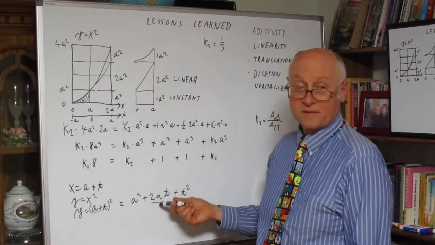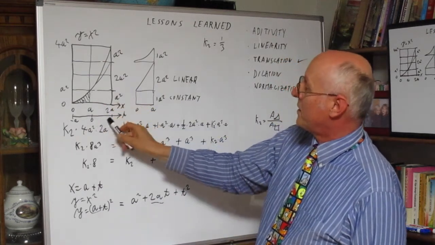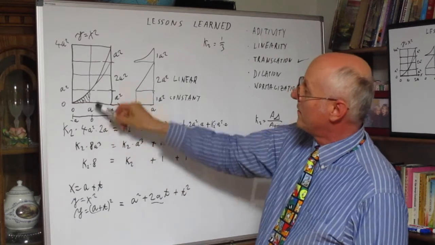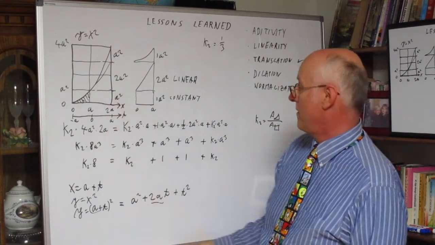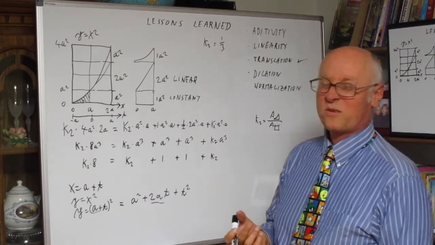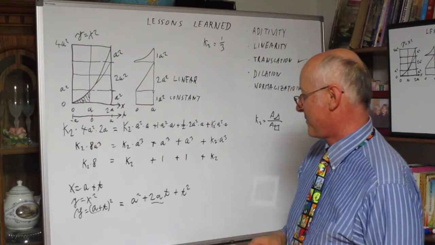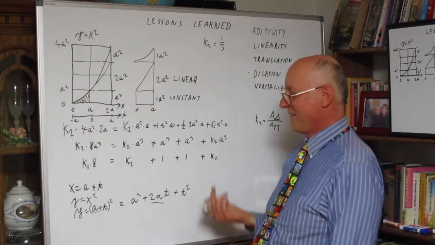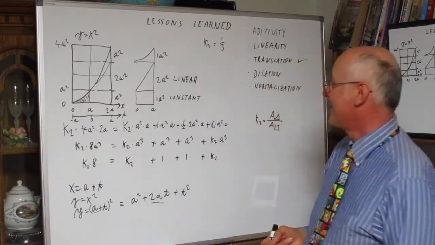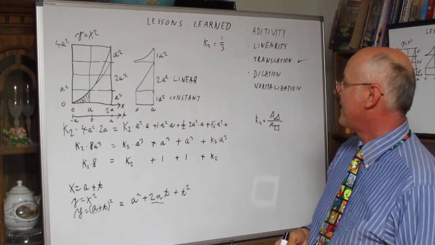There's the slope, the tangent slope at t equals 0, which is x equals a, and we just got it like that, without having to go to limits or anything like that. It just popped right out. Very simple.